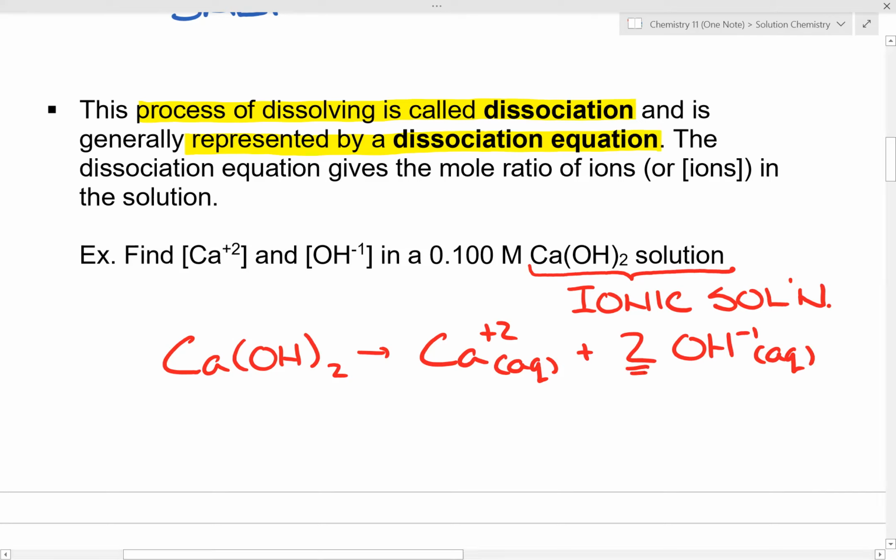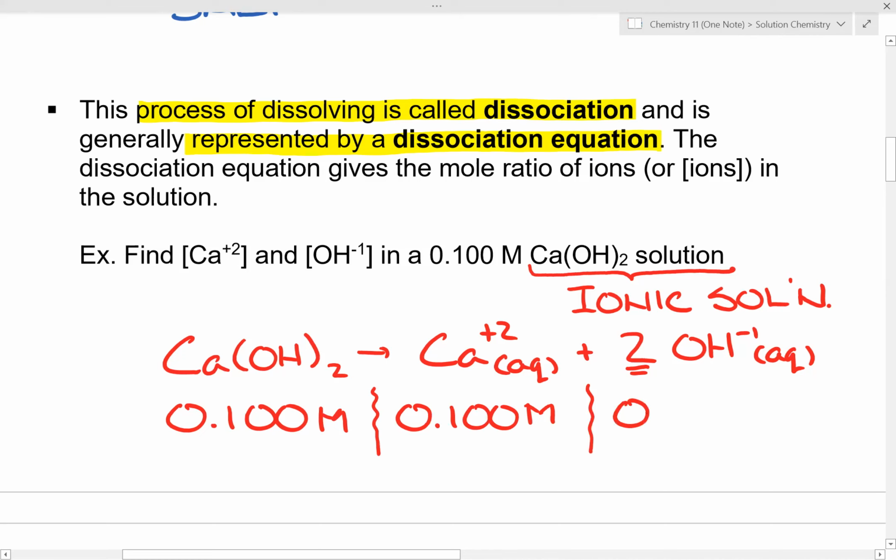It is because you want it to be balanced. So in this case, if you have 0.100 molarity for calcium hydroxide, the calcium would be 0.100 molarity, and the hydroxide would be 0.200 molarity.